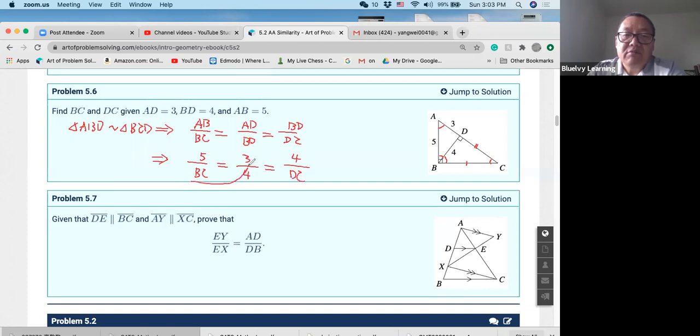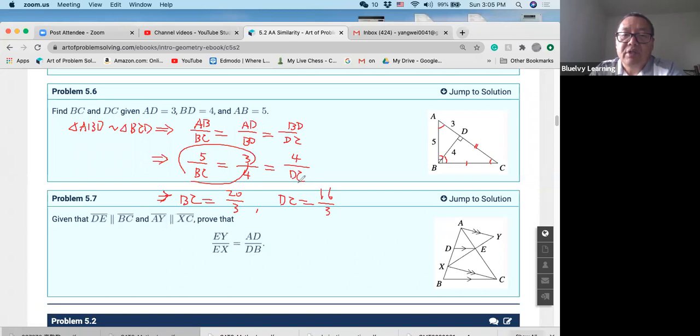So then solve the first part. From this, you can get BC equals 20 divided by 3, right? Cross multiplication, get 20 over 3. Then you can also calculate DC, that equals 16 divided by 3, right?